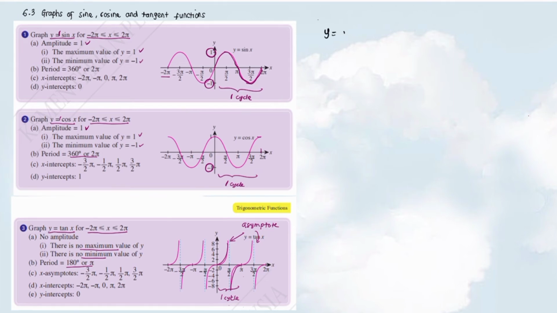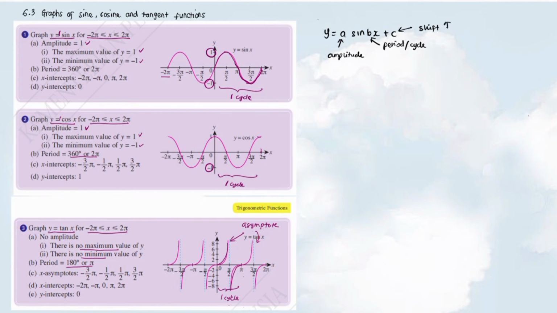If we have y equal to a sin bx plus c, a is the amplitude, b is the period, and c is the position of the graph. The value of c will give you information on whether the graph is shifted upwards or downwards.